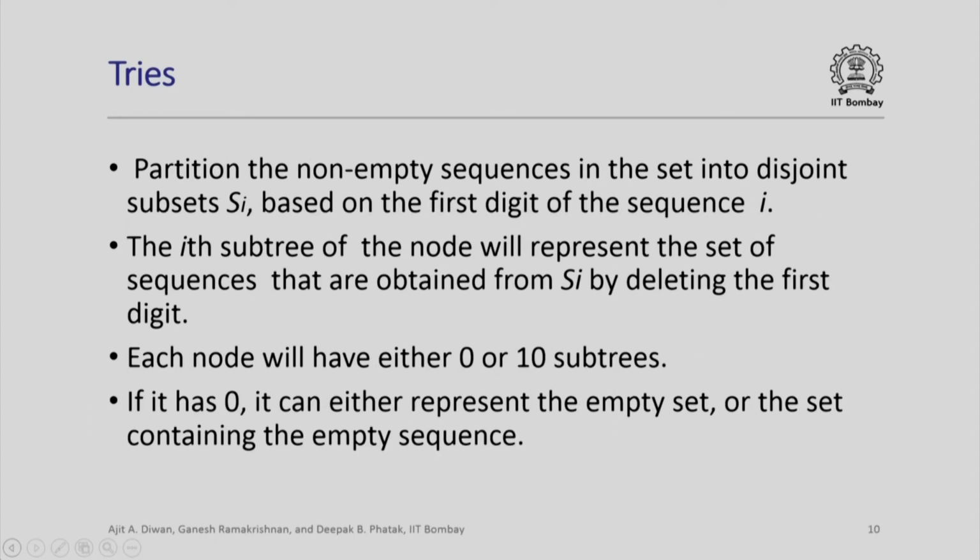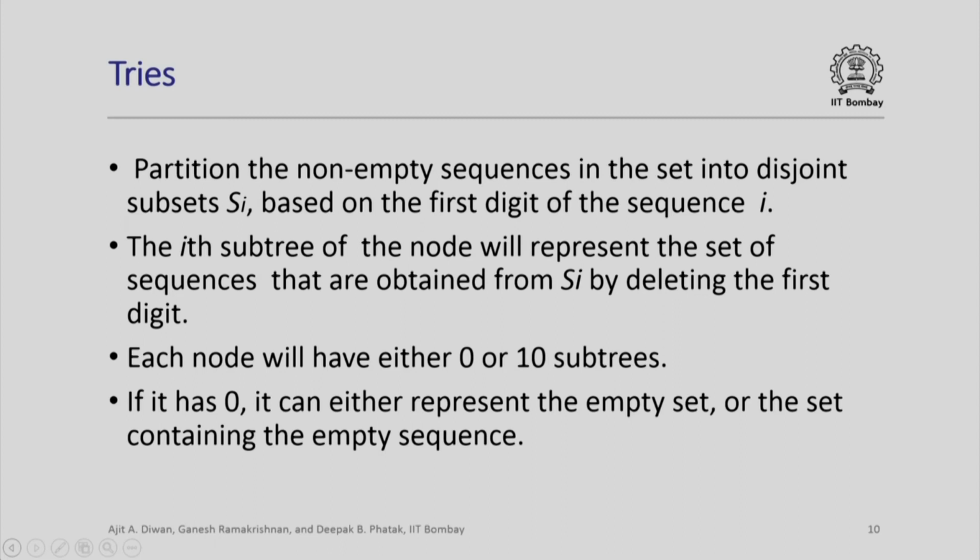So what we do is we have this initial set of sequences, and we partition them into disjoint subsets based on the first digit of the sequence. We leave out the empty sequence. If a sequence begins with digit 0, we put it in set S0. If it begins with digit 1, we put it in S1, and so on. So we get disjoint subsets of sequences.